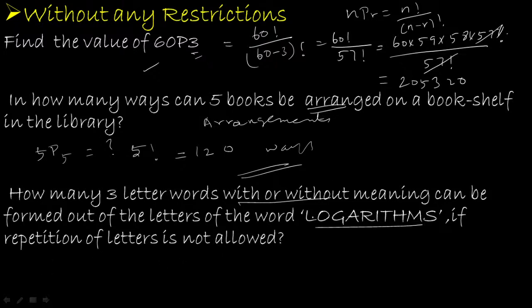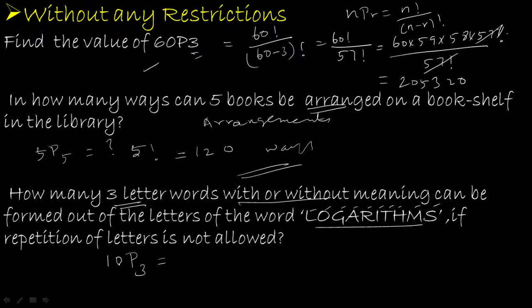We count the number of letters in LOGARITHMS: 1, 2, 3, 4, 5, 6, 7, 8, 9, 10. So, it has 10 letters, out of which you have to choose 3-letter words. So, you calculate 10P3. What is the value of 10P3? That is what you are going to calculate.